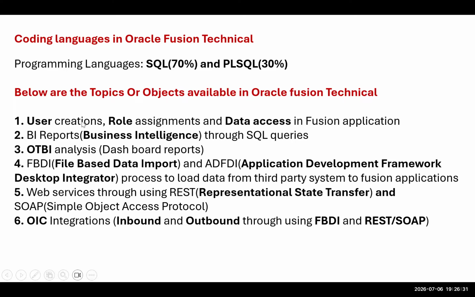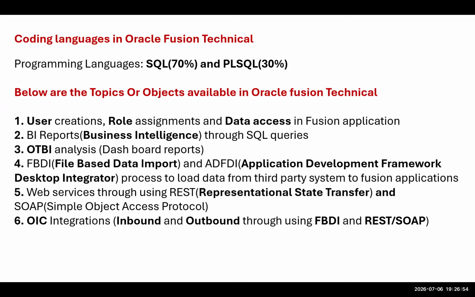What is user creation? For example, if you want to use a Gmail account, you first have to create a user account with a username and password. In the same manner, at the Oracle Fusion front-end level, if you want to use the Fusion application, you should create a user account.